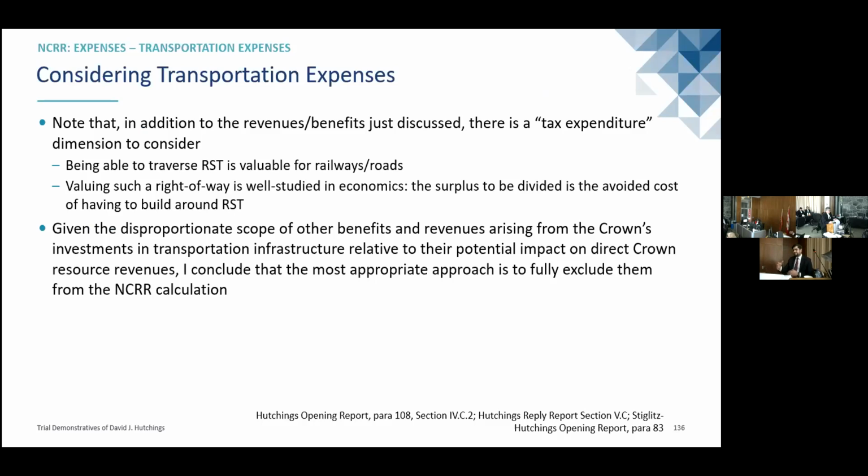And the sum total of all that, given the disproportionate scope of these other benefits and either actual revenues in the form of indirect Crown revenues or potential revenues not calculated, there's a lot of other benefits there and no direct revenues to count. I don't include the costs. In an allocation exercise, it's all ending up with the other factors that I'm not including.